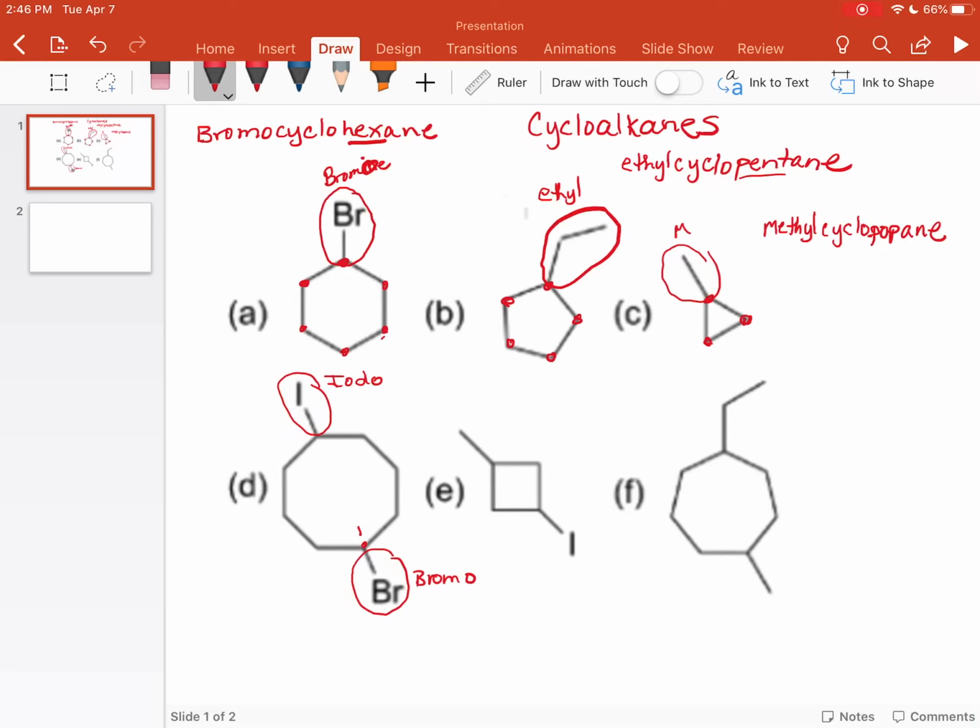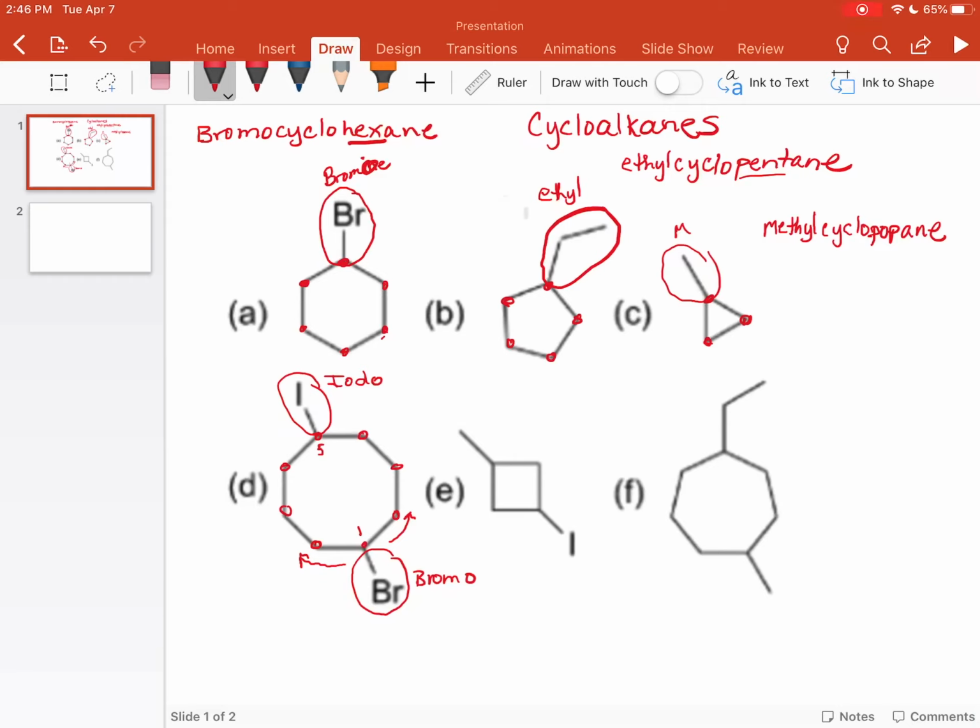So I have 1, 2, 3, 4, 5, 6, 7, 8 carbons. And if this is my number 1, I can start counting in this direction, or I can start counting in this direction. And in this one, it won't really matter because 1, 2, 3, 4, 5, this is always going to be the number 5.